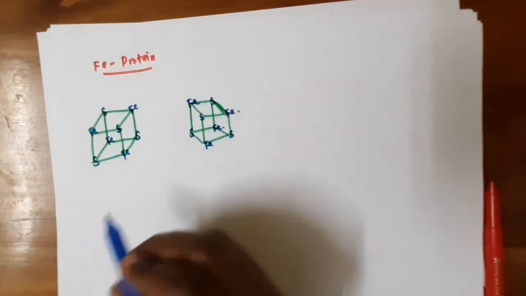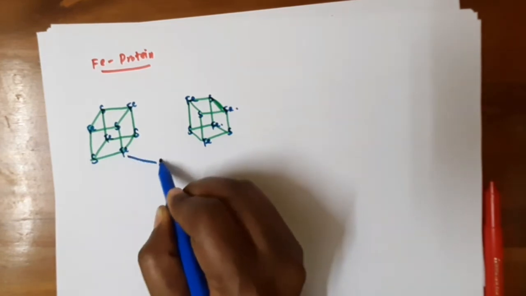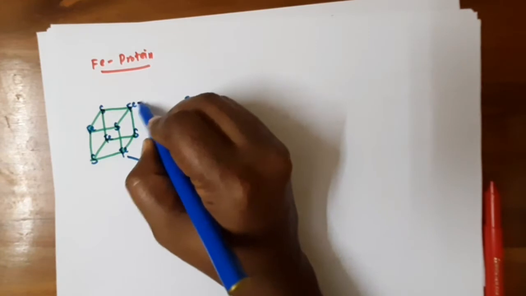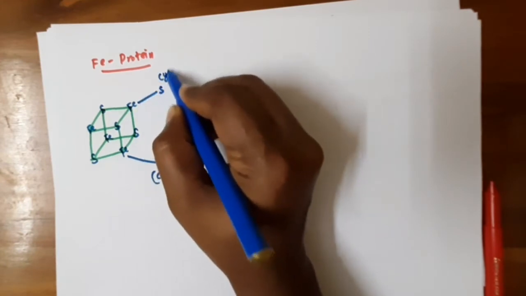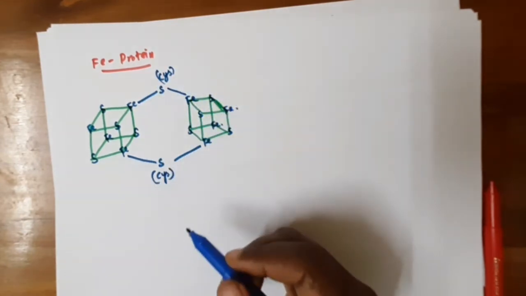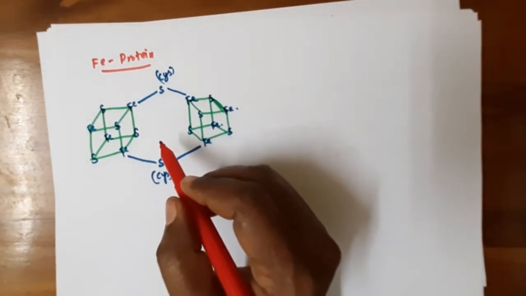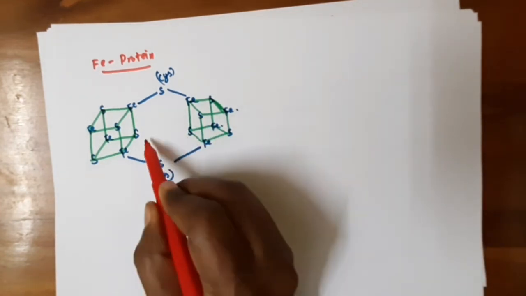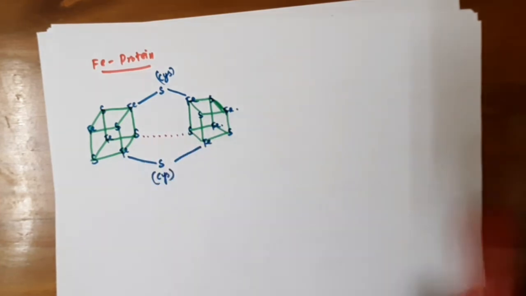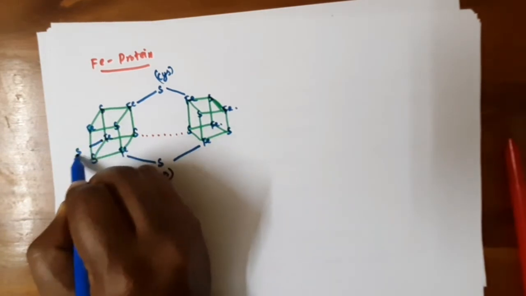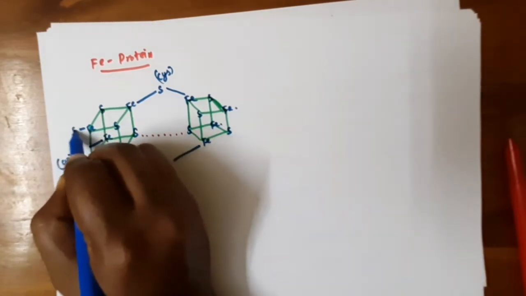The 2 Fe4S4 units are connected by 2 cysteine groups, and the 2 sulfurs are connected by the sulfur bridge.